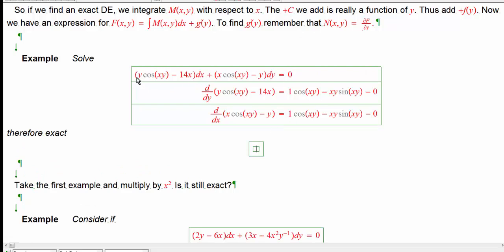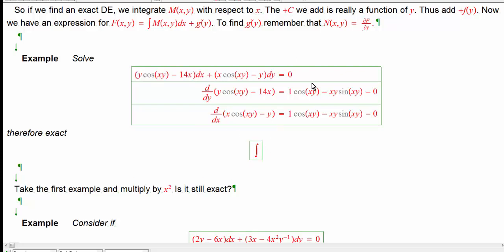What's the method? Take the piece that's been differentiated with respect to x and put it back, undo it, integrate it. So I'm integrating with respect to x.